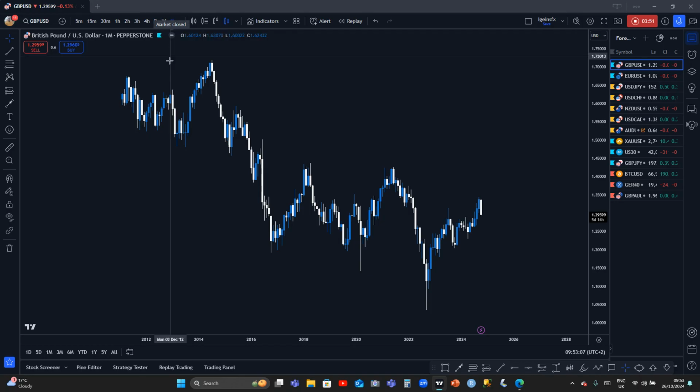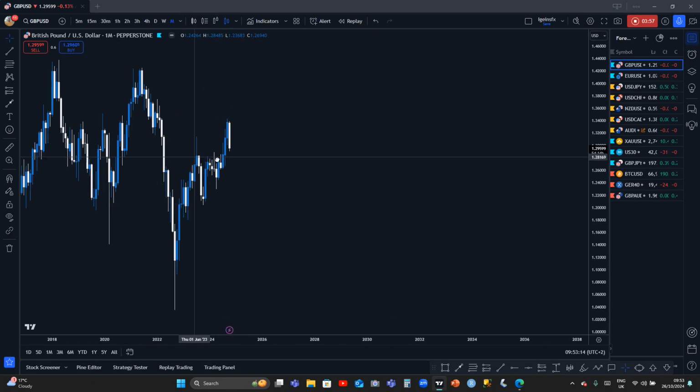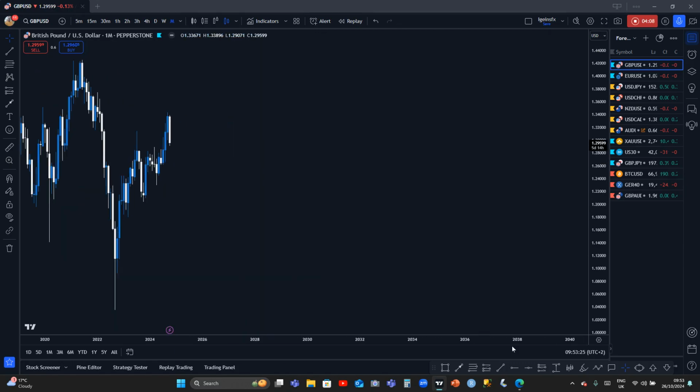So on the monthly time frame, we are bearish, and as you can see, there is no setup. Before I go further, my strategy is the SMC strategy, the smart money concept strategy. What does that mean? It simply means we are bullish, there's a pullback, there's a break of structure to the upside.